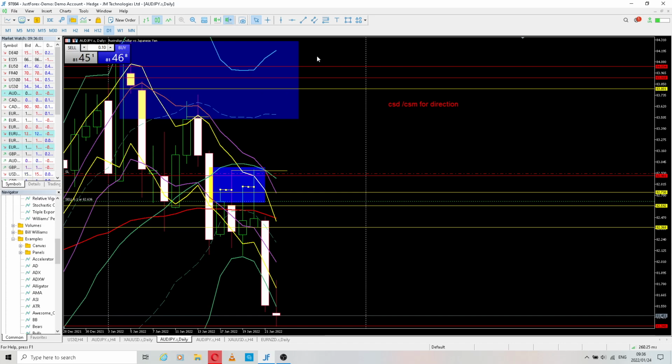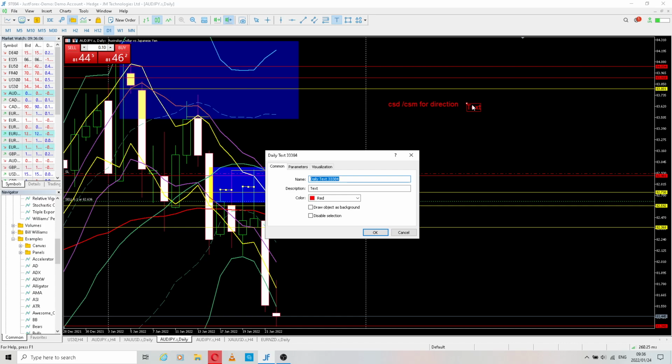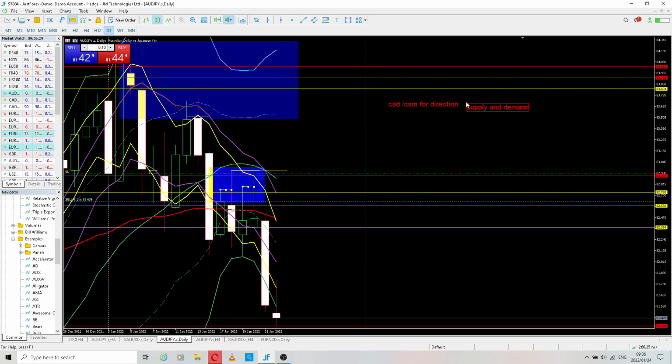The confluence for direction, guys, will be your zone, which is your supply and demand. So this would be your supply and demand zone. That would be your confluence, guys. So CSM, CSD for direction, as well as supply and demand, guys.